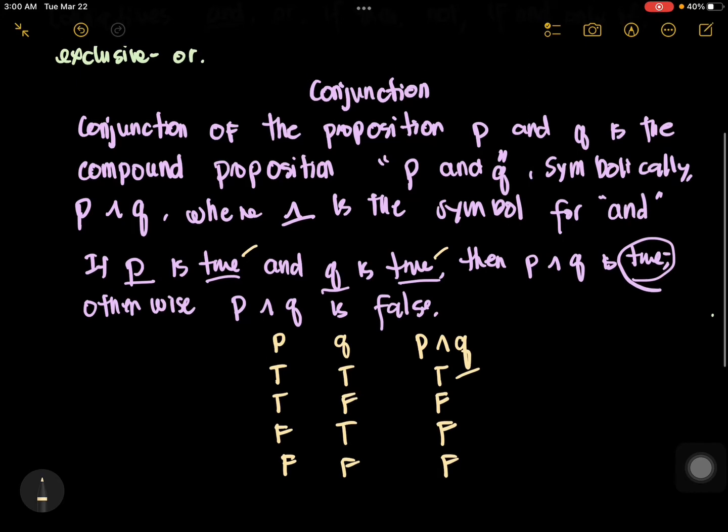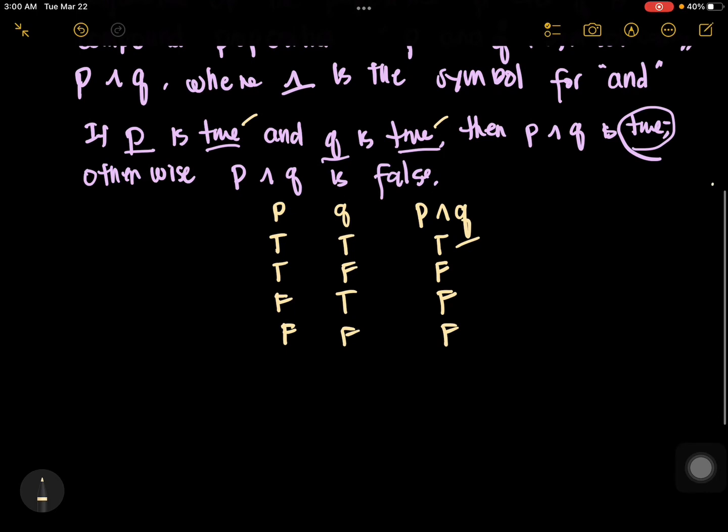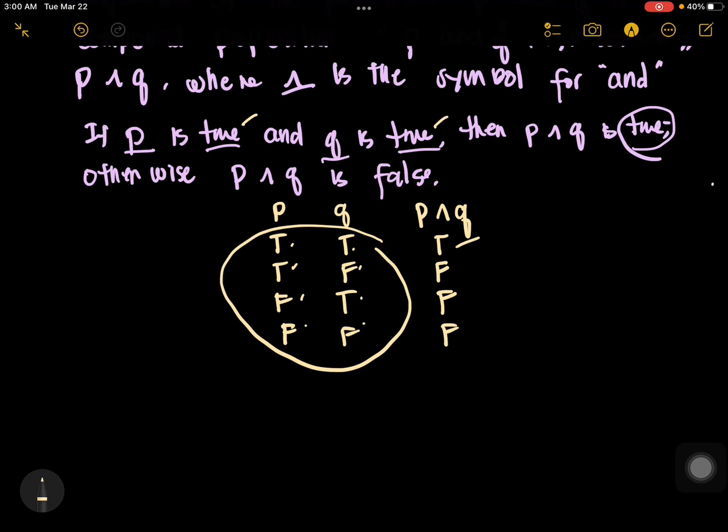Questions? Do you have any questions so far? So where did I get this? Maybe you are asking about how I get this true, true, false, false, true, false, true, false. So propositions, we know from our previous topic that the truth value is either true or false, right?